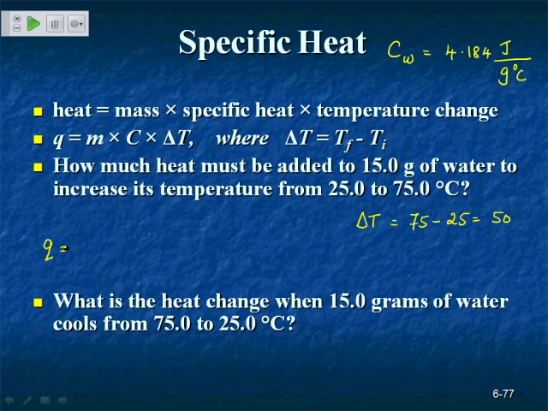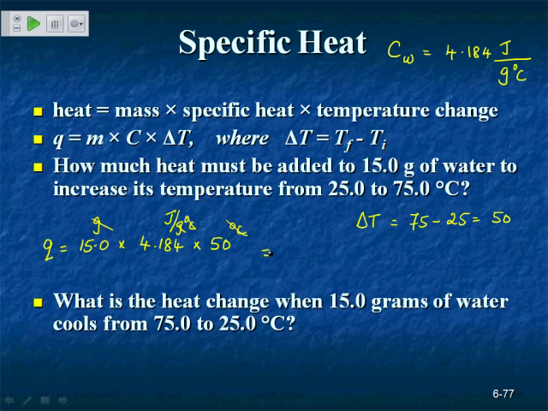So Q is the mass of water, 15 grams, multiplied by specific heat, 4.184, multiplied by delta T, 50. I haven't written the units here, but we can see grams and joules per gram degrees Celsius. Degrees Celsius and grams will get cancelled, so you will end up with J as the unit for Q.